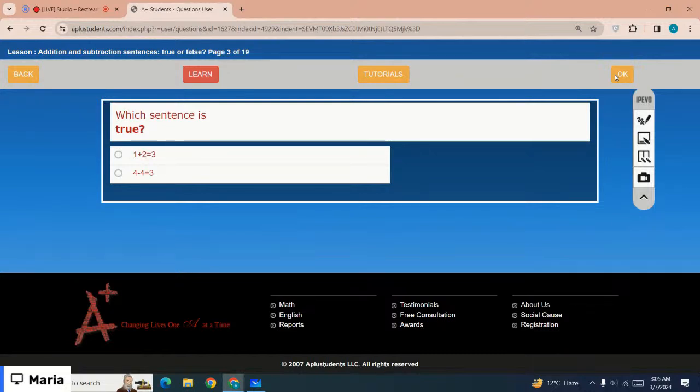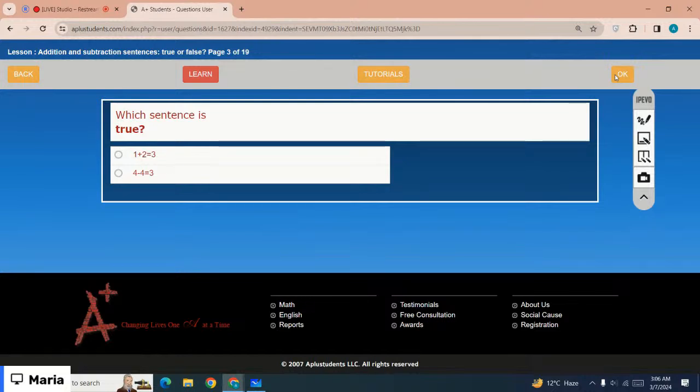Which sentence is true? 1 plus 2 equals 3 and 4 take away 4 equals 3. Which is the correct option? 1 plus 2 equals 3.